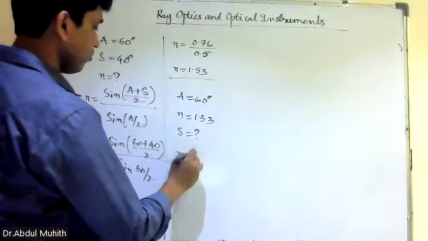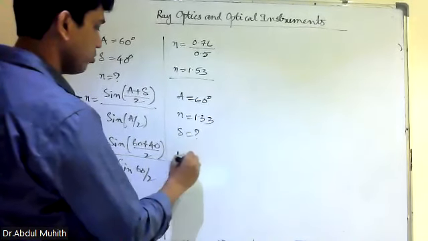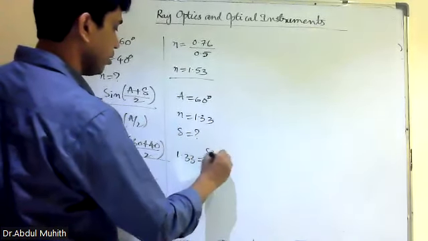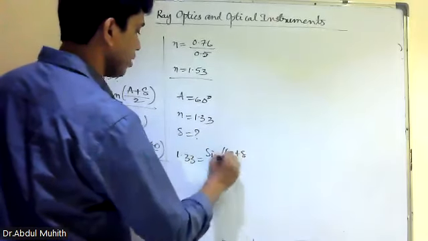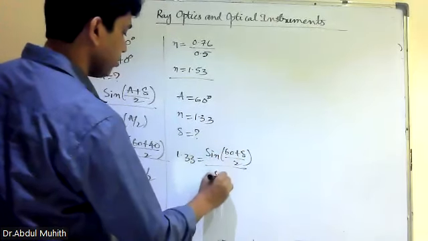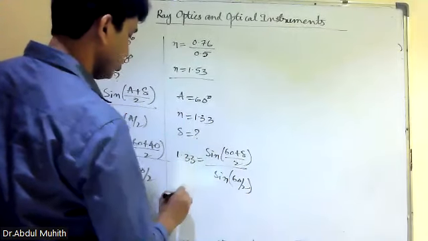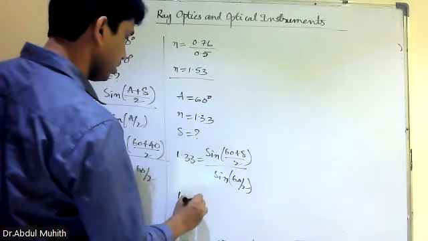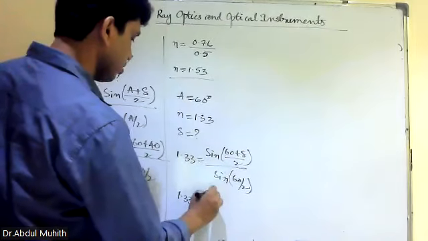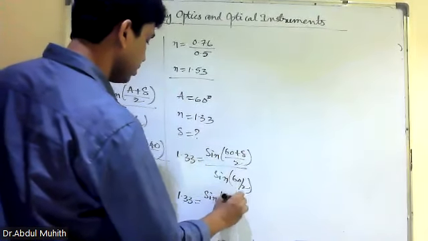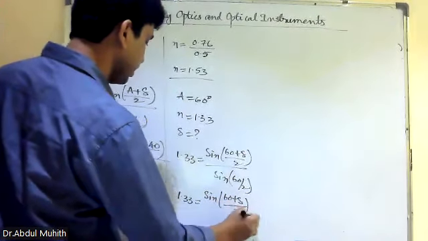So n is equal to the same formula. N is equal to sine of (A plus delta m) by 2, sine of (60 plus delta) divided by 2, divided by sine of 60 divided by 2. So 1.33 is equal to sine of (60 plus delta) divided by 2, by sine 30.